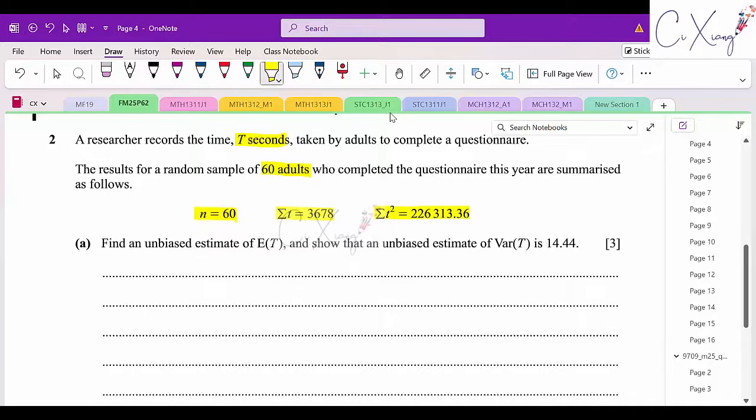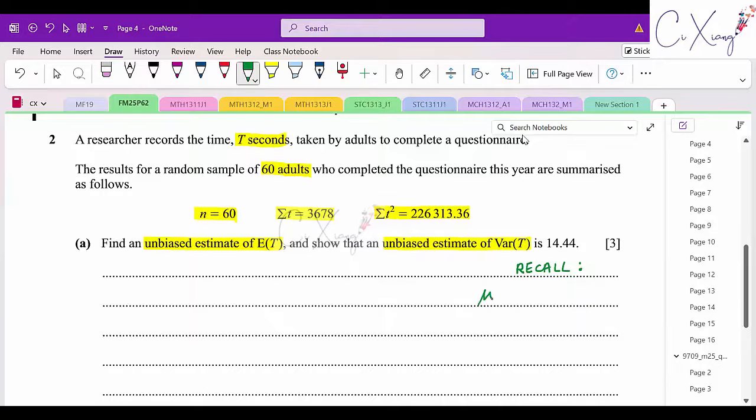First, they want you to find the unbiased estimate of E(T), the expected value of T, and show that the unbiased estimate of the variance of T is 14.44. So the keyword is unbiased estimation for the mean and also the unbiased estimated value for the variance. What is the formula we can use to find the unbiased estimates for the mean and variance?